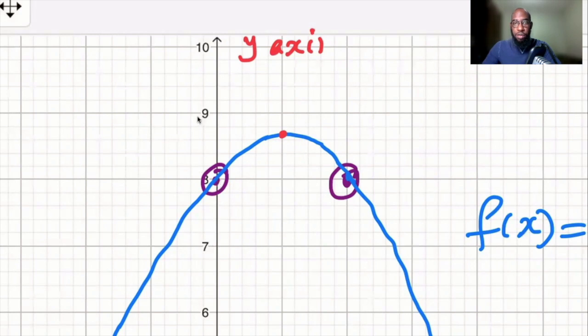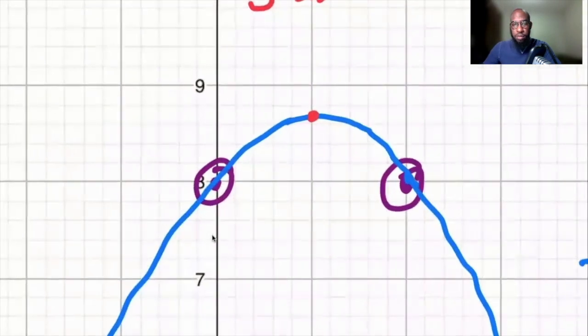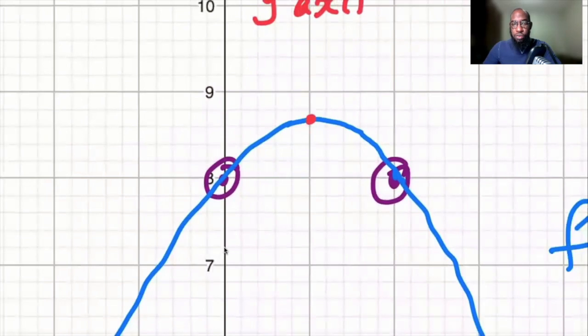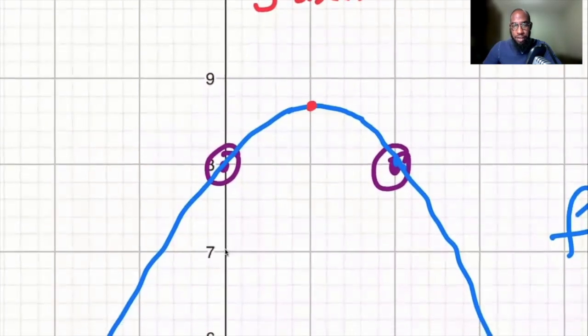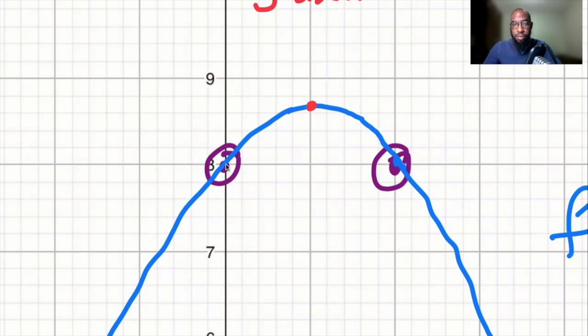So every stroke represents 0.2. Here is 8.0, in the middle is 8.1, 8.2, 8.3, 8.4, 8.5, 8.6. The middle right here is 8.7.